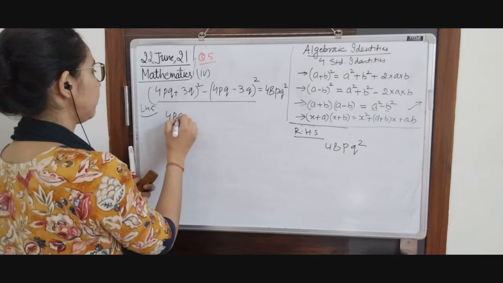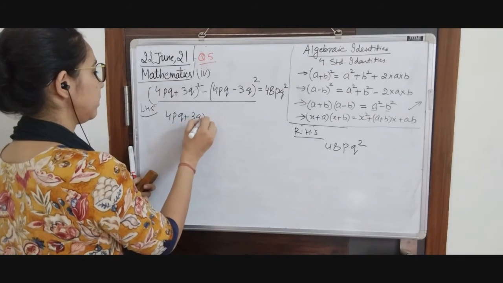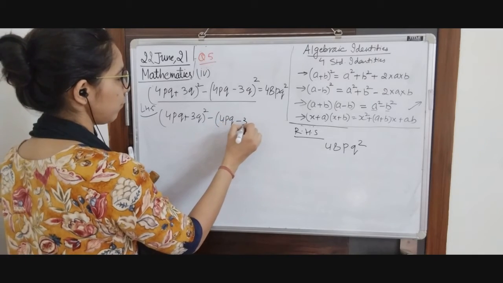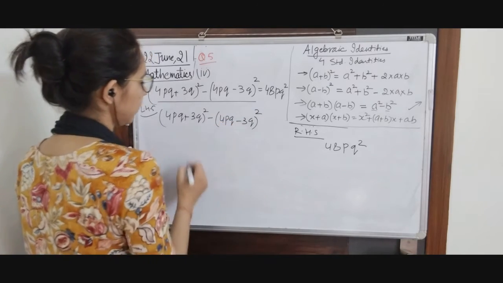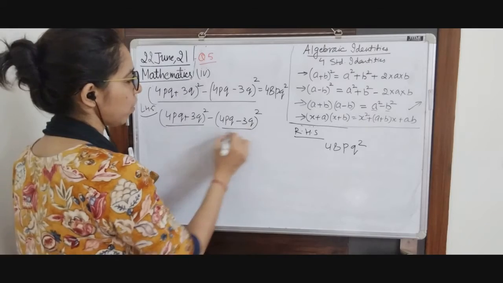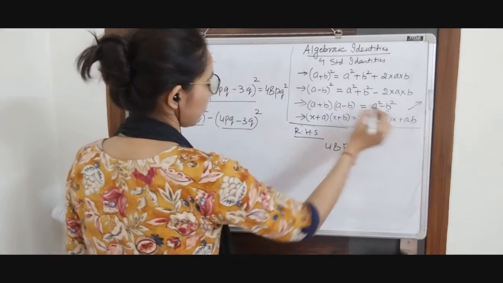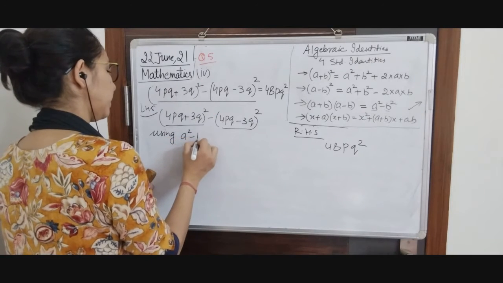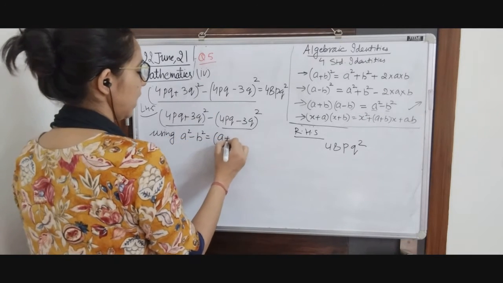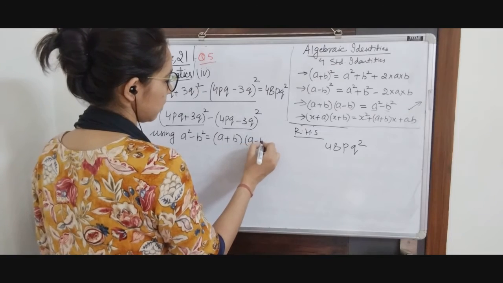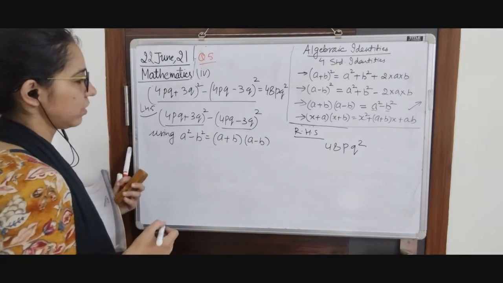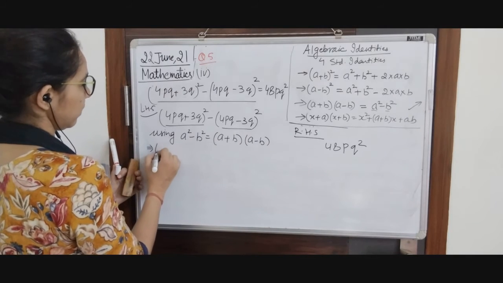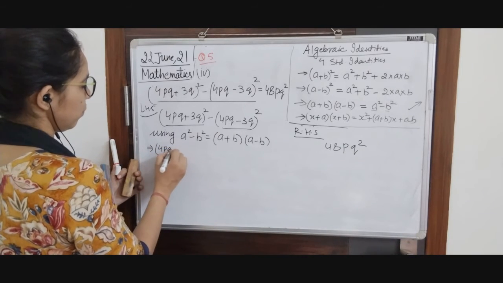So, here we can apply two identities, or we can make do with only one. How is that? Whole square minus whole square. So we are going to use a square minus b square is equal to a plus b, sum of terms, multiplied with difference of terms.